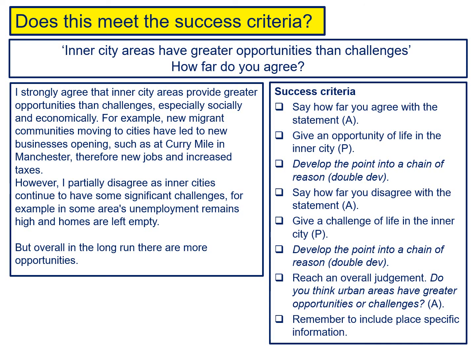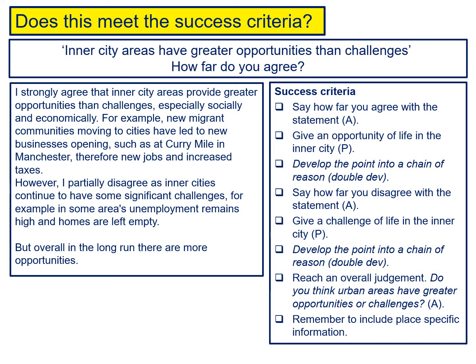Therefore, new jobs and increased taxes. However, I partially agree, as inner cities continue to have some significant challenges. For example, in some areas unemployment remains high and homes are left empty. But overall, in the long run, there are more opportunities.